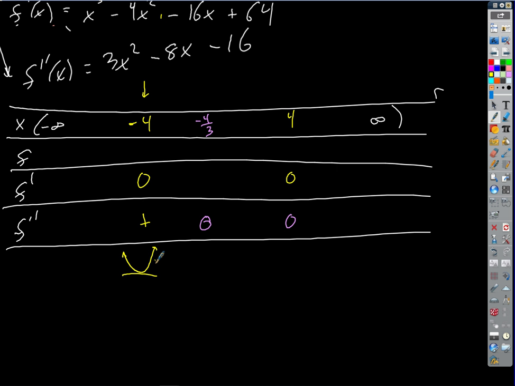What about right here though? This is indeterminate, right? This is the point I wanted to make. The second derivative test failed here, right? It didn't give us a positive or a negative sign. And so we still don't know what's going on at 4. It was a critical number of both. So what could it be? It's x to the third function.